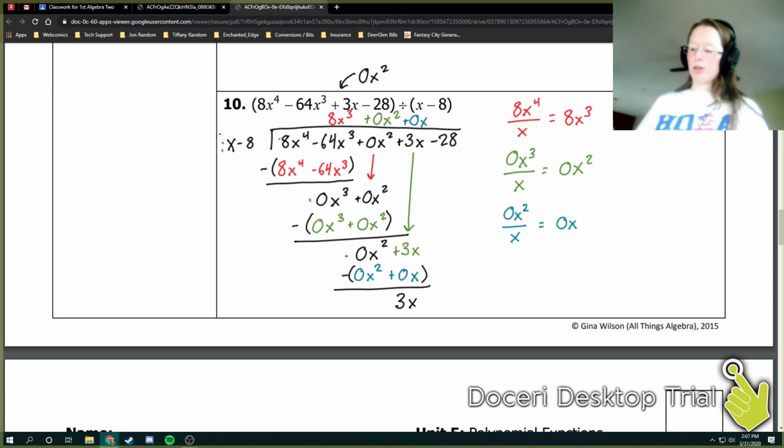Right, last one. We still have something else we can bring down. Like I said, this one was a little bit longer. Bring down this negative 28. Okay, then I'm still going to do first term divided by first term. Get 3.